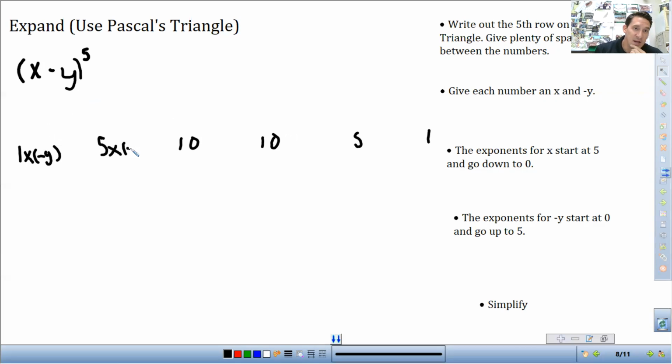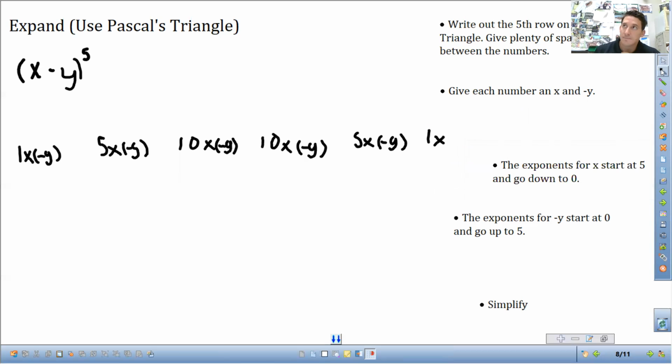X and a negative y. X, negative y. X, negative y. X, negative y. X, negative y.